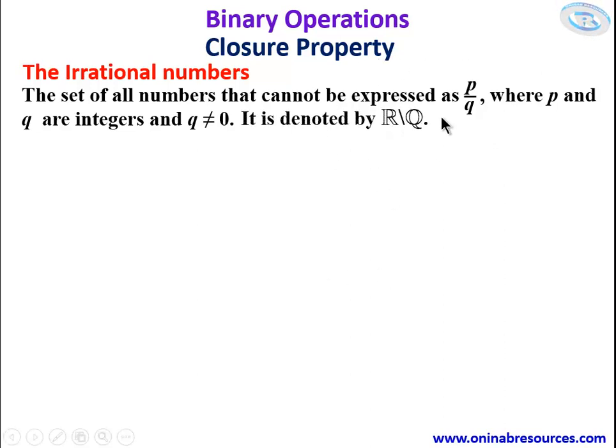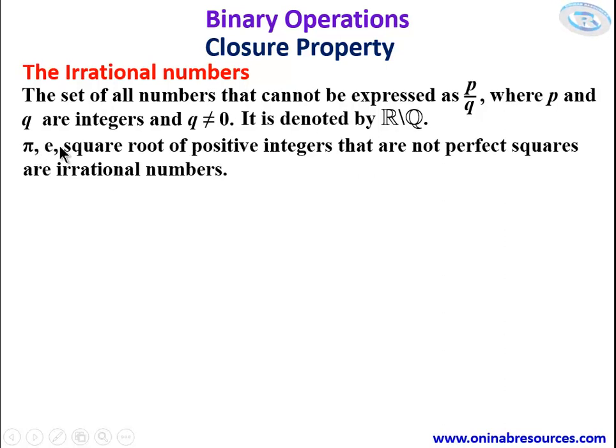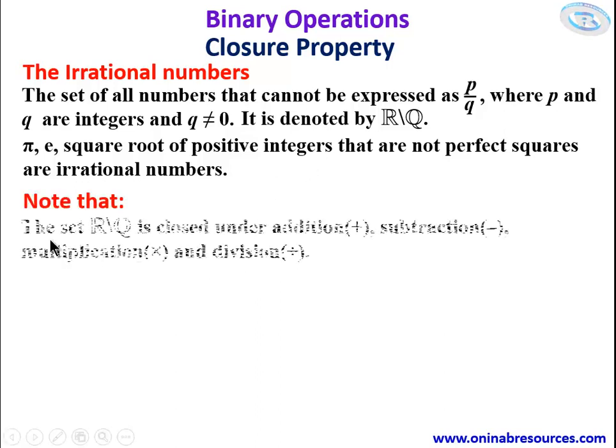So we now look at some categories of numbers that are irrational numbers. So we have pi, the Euler's constant, which is e, and square roots of positive integers that are not perfect squares. These are irrational numbers. So we should note that this set of irrational numbers is closed under addition, subtraction, multiplication, and division.